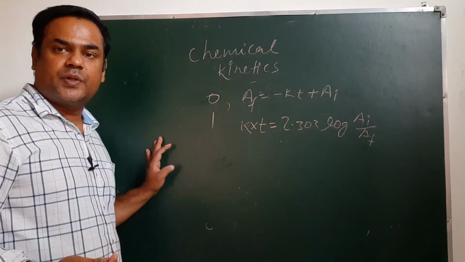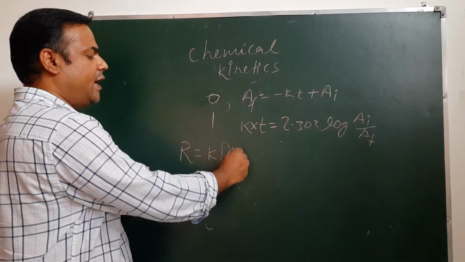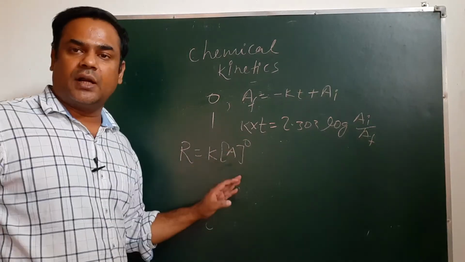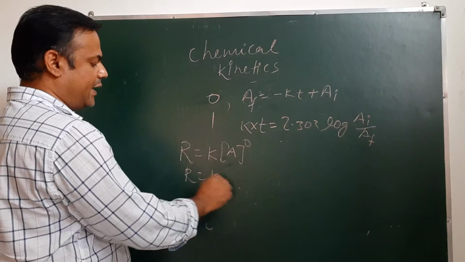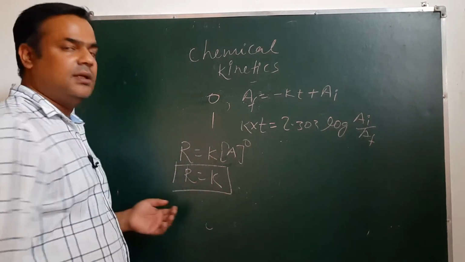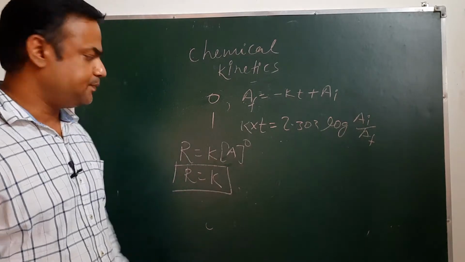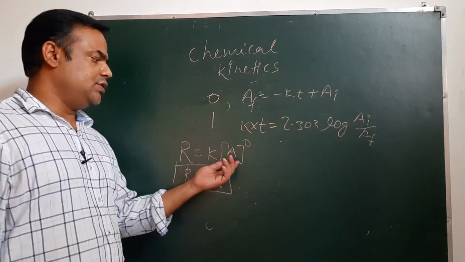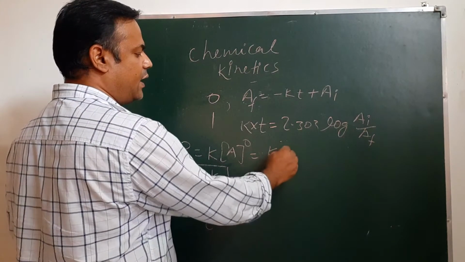When we write the rate expression for zero order reaction, it is R equals to K A to the power 0, and for this expression R will be equal to K. Rate of reaction equals rate constant, because 0 power on A will give value 1, so it will be K into 1.